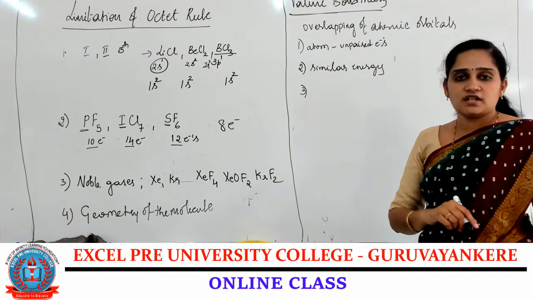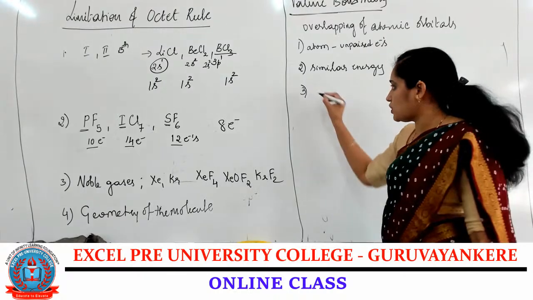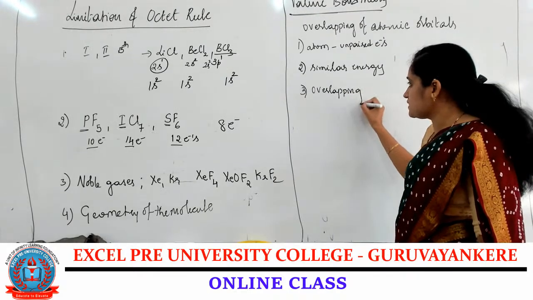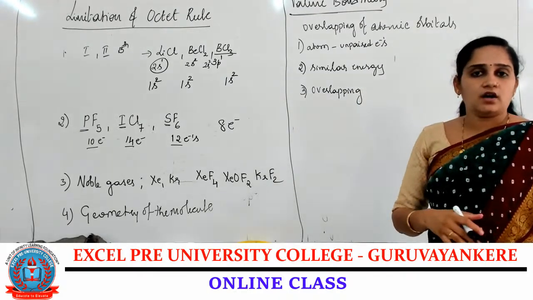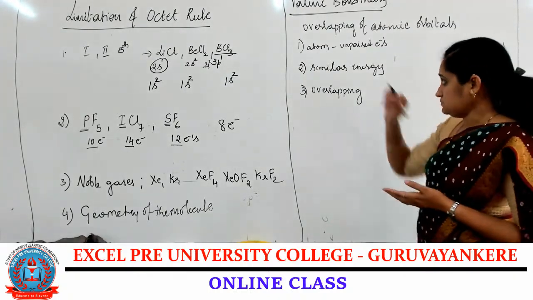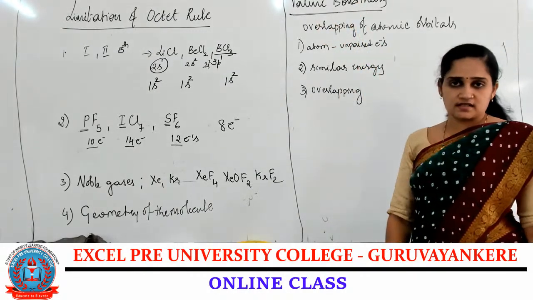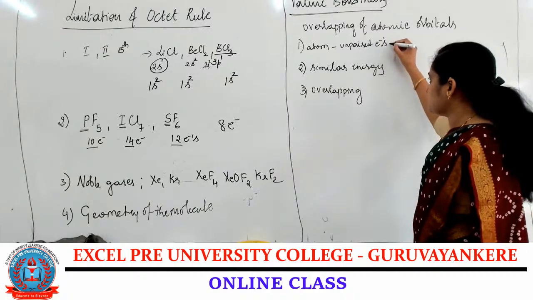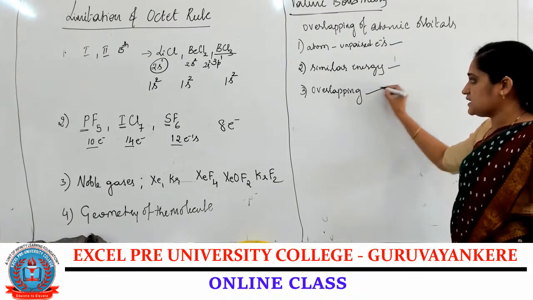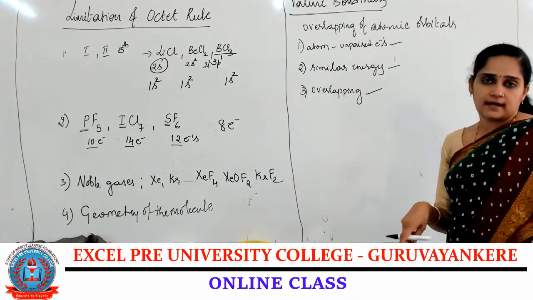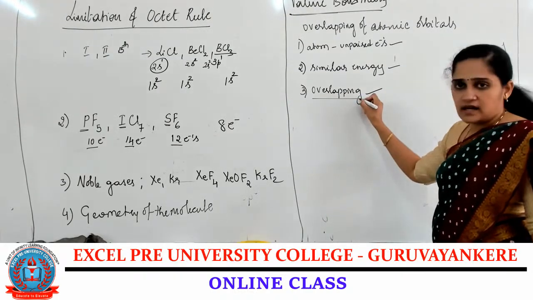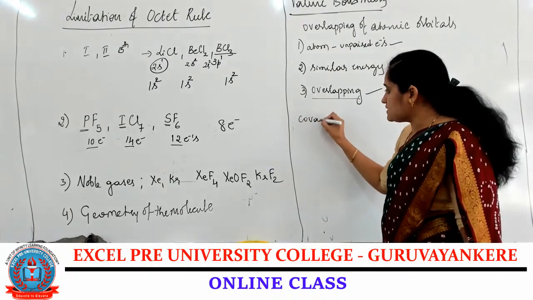These similar energy orbitals undergo overlapping, and lower energy bonded orbitals will be forming. So atomic orbitals should contain unpaired electrons of similar energy, and these undergo overlapping. After the overlapping, a covalent bond is formed.